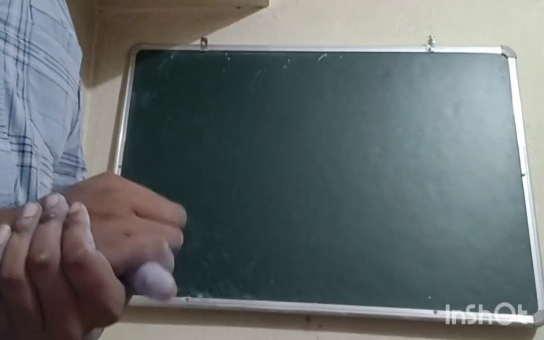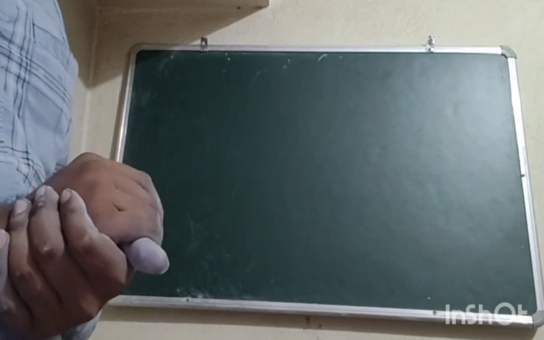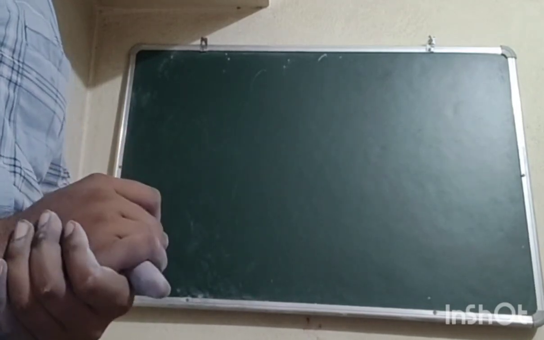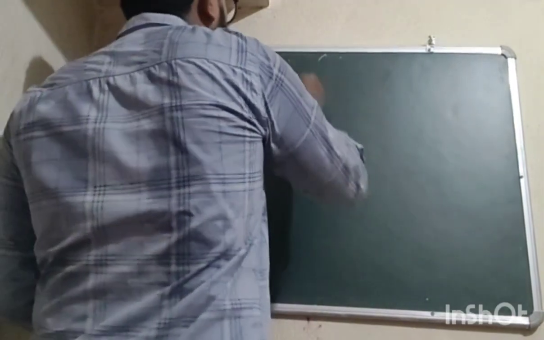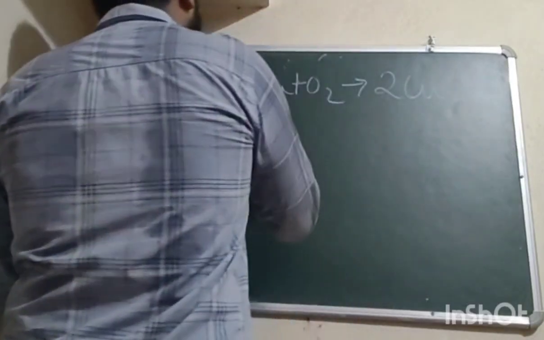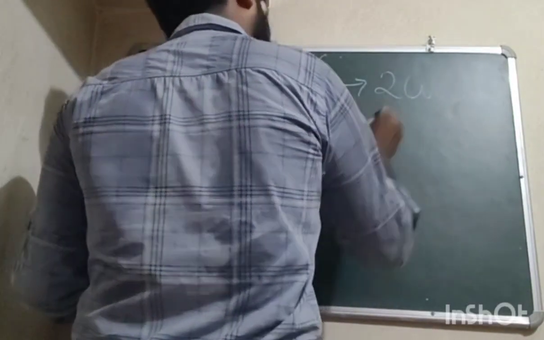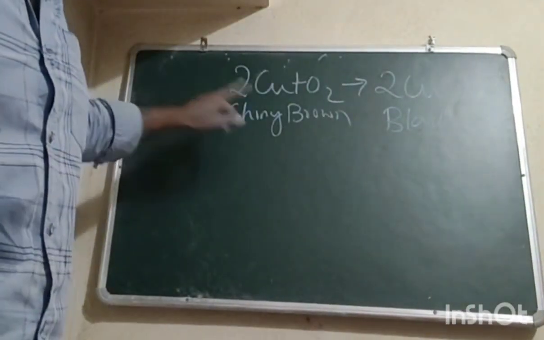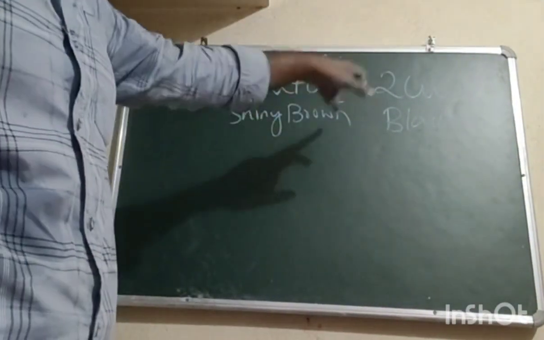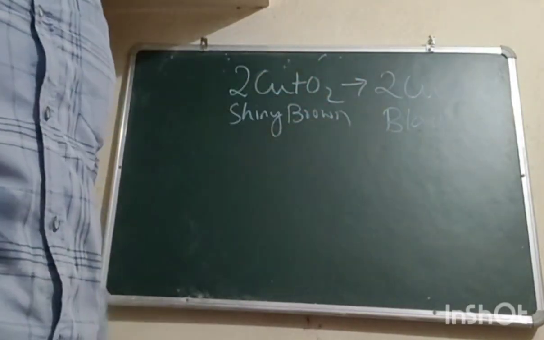Now, for example, copper. If you burn copper, if you oxidize copper, oxidation means burning. So if you burn copper, it turns black, whereas copper is shiny brown, right? So copper reacts with oxygen or is oxidized to give the oxide of copper, CuO, and that is black in color.